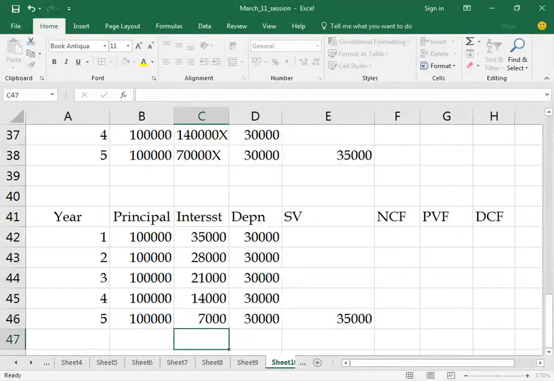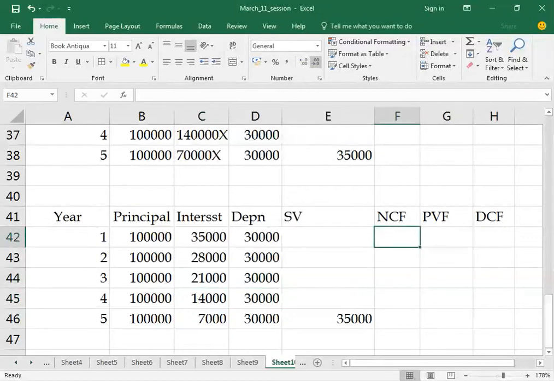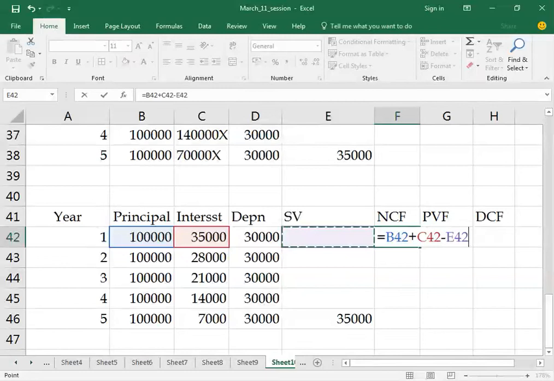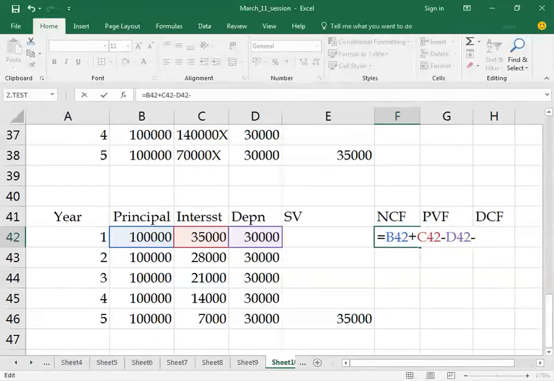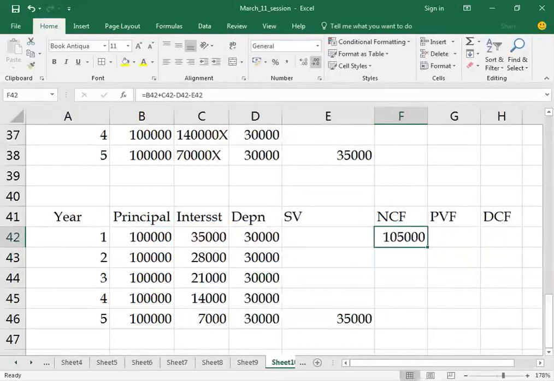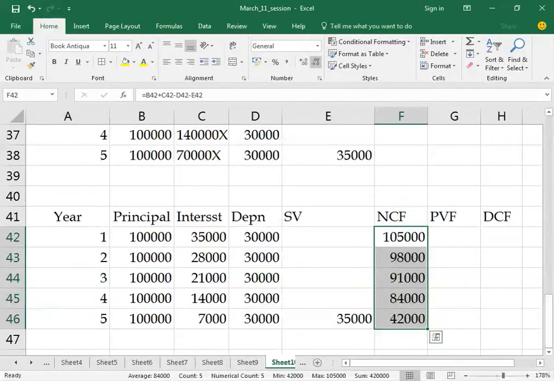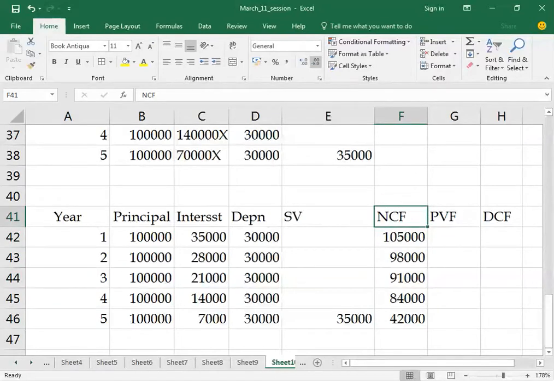This is today's scenario, and my net cash flow was this plus this minus this. It will match with the NCF which you have written on top. So we have built the same structure in a little different way.